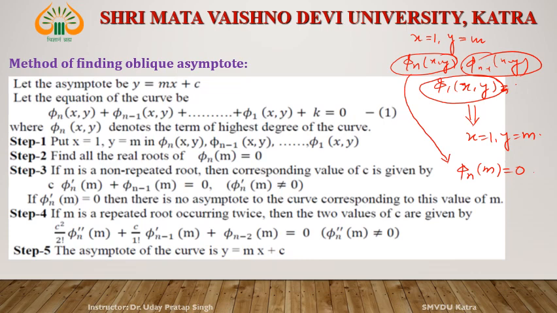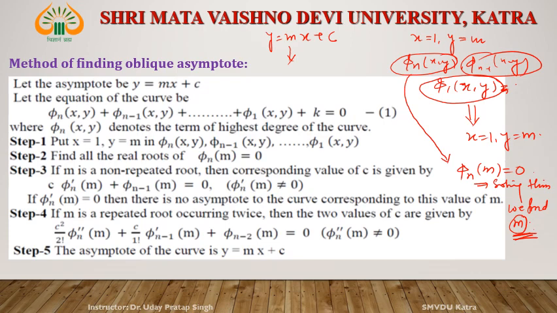Now, solving this, we find m. If we find m, we already discussed that there are two parameters in y is equal to mx plus c. Now we find m here, right? In step number 2 we find m.